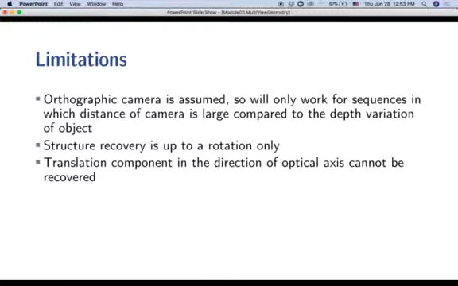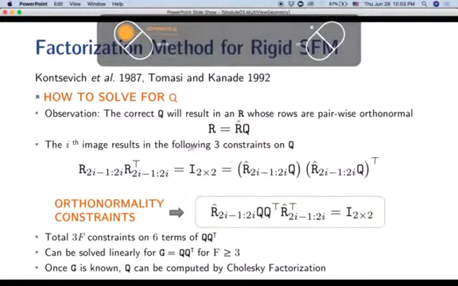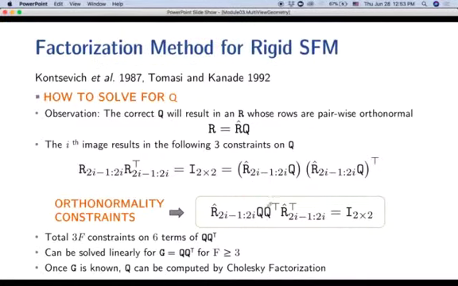Let me explain that comment. This is my constraint, right? So under this constraint, I can ask myself, is Q unique? And actually the answer is no, it's not unique, because in the constraint I have QQ transpose as the unknown.